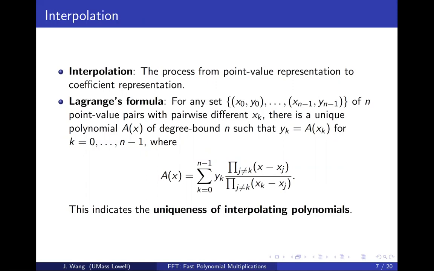So assuming we are given a point value representation of a polynomial, so we have n point value pairs with pairwise different xk, then there is a unique polynomial A(x) of degree bound n such that yk is equal to A(xk), for k from 0 to n minus 1. And the form of A(x) is equal to this.